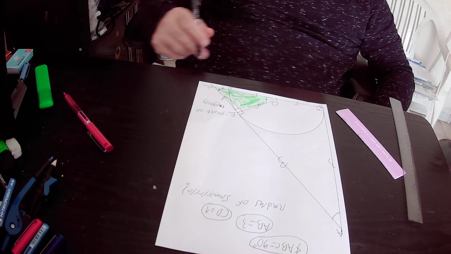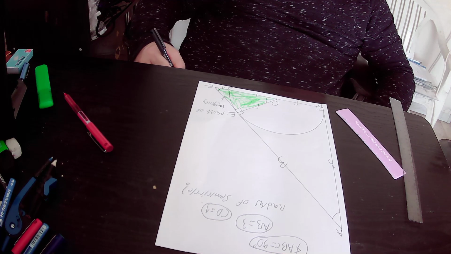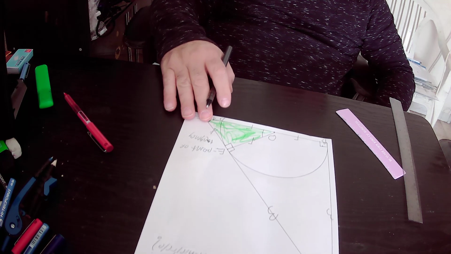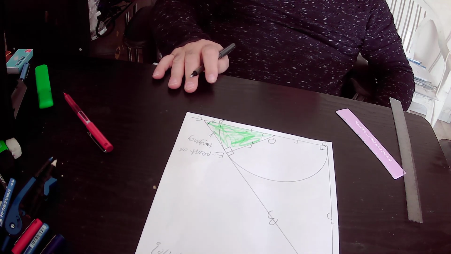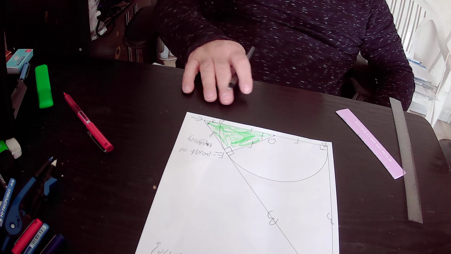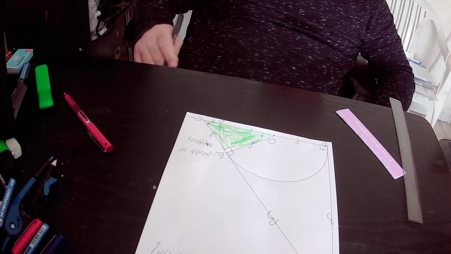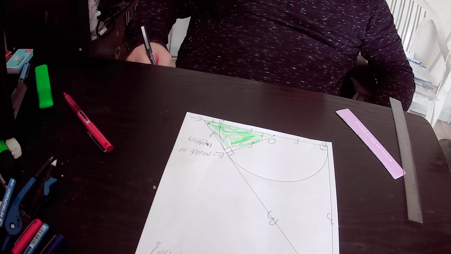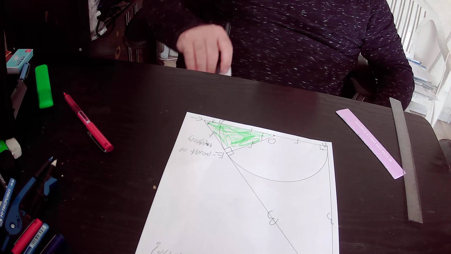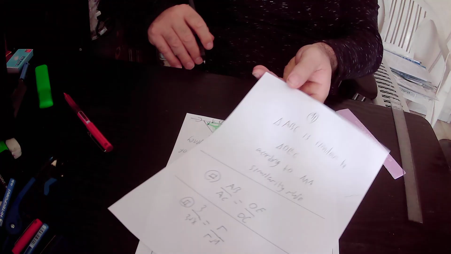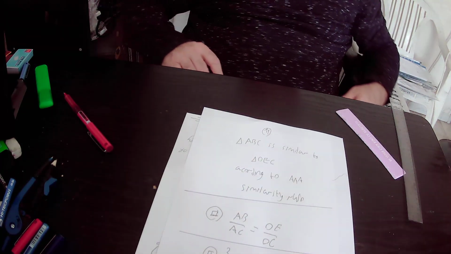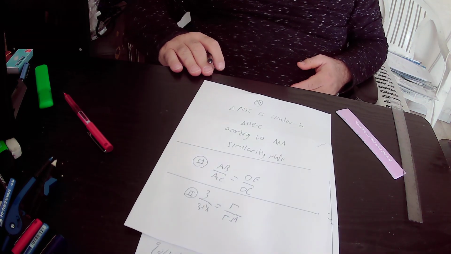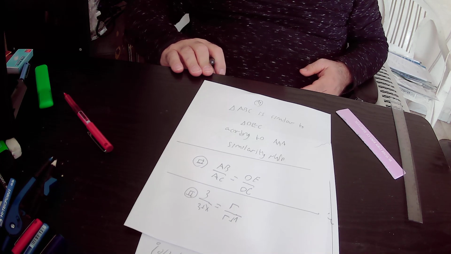OE equals R. OC equals R plus 1. So in total we got that 3 over 3 plus X equals R over R plus 1.